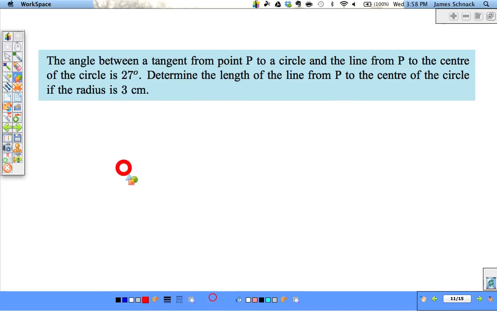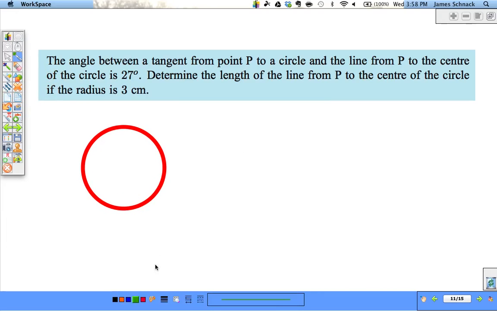So we got a circle. We know that. That's easy enough to draw. We've got some point P, so out here. It says tangent to the circle from P. So tangent to the circle, remember tangent looks something like that. It also talks about a radius here.